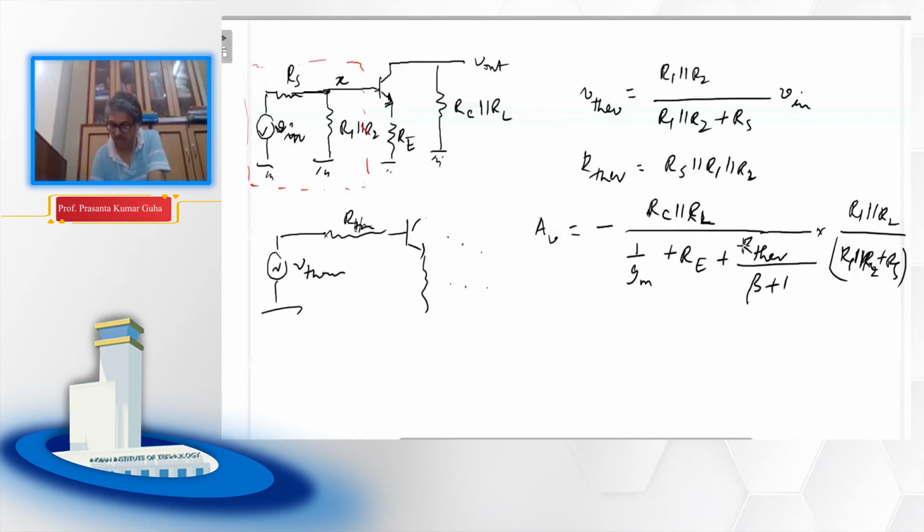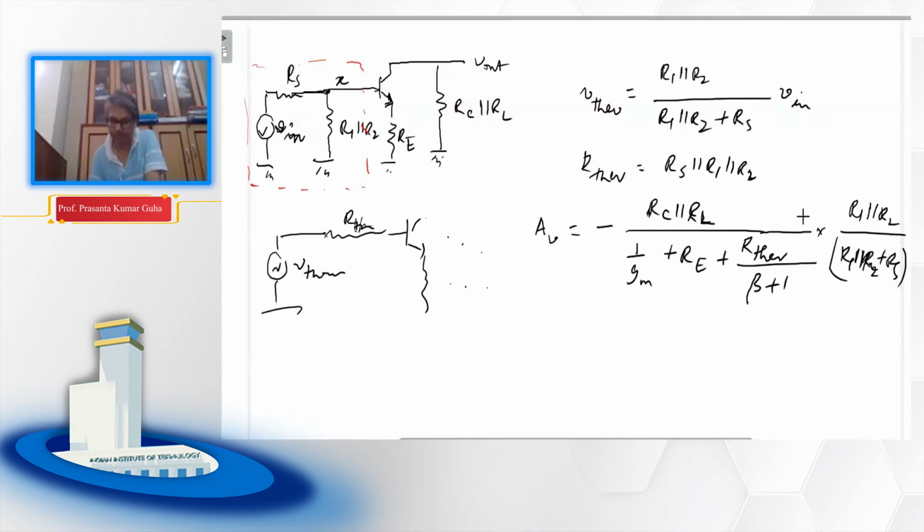Because of this R Thevenin, you need to divide by beta plus 1, and there is R1 parallel R2 in the numerator as an additional term, and R1 parallel R2 plus RS in the denominator. So I am stopping the common emitter configuration amplifier discussion here.